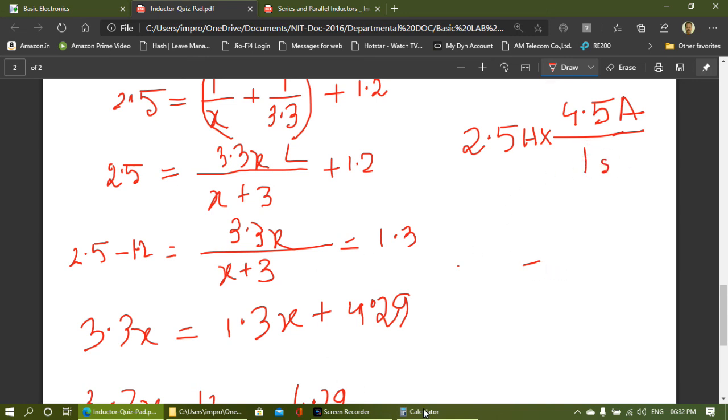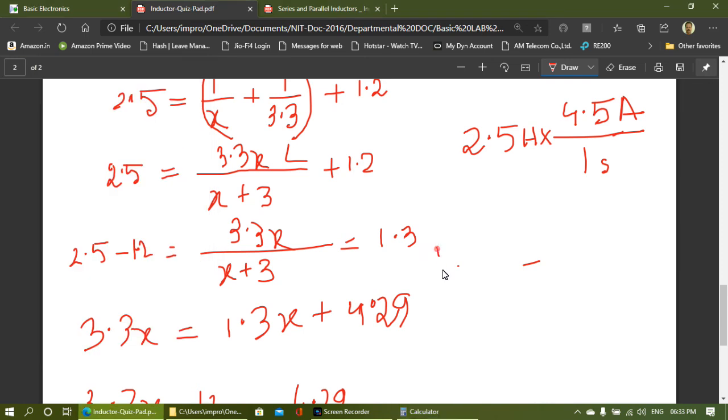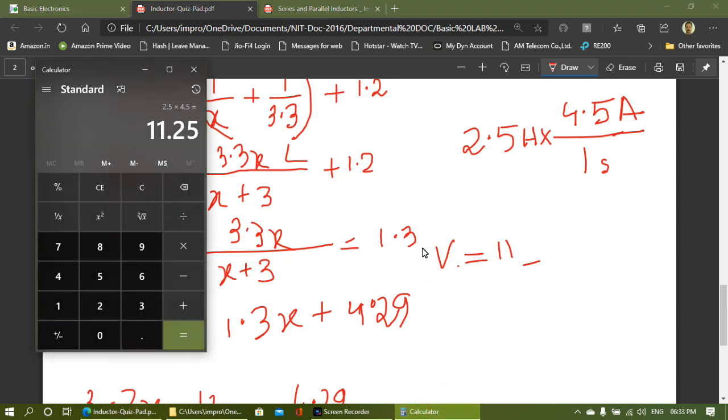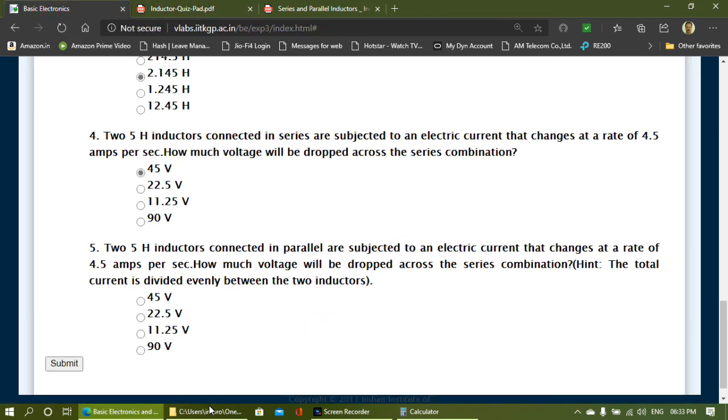So calculate it. 2.5 into 4.5. Your drop voltage will be 11.25. Let's give the answer on the website, 11.25.